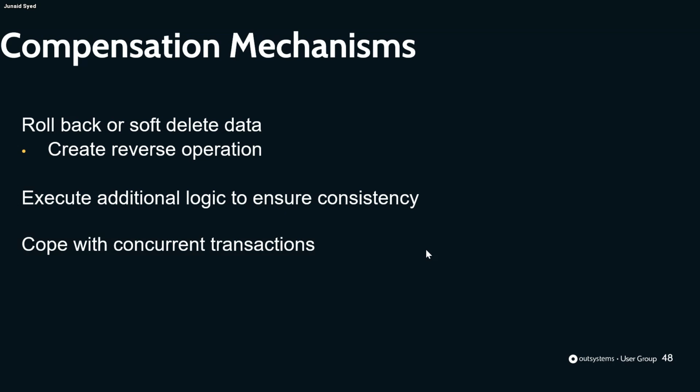And also we need to ensure that while we are handling these failure scenarios, we are also able to manage the other concurrent transactions that are happening at the same time, because if the system is not in a stable state, then the concurrent transactions happening at the same time might read unstable data. So that is another thing we need to take care of.